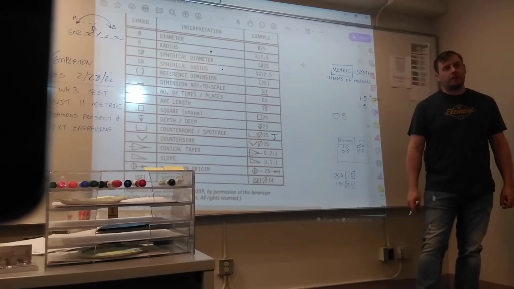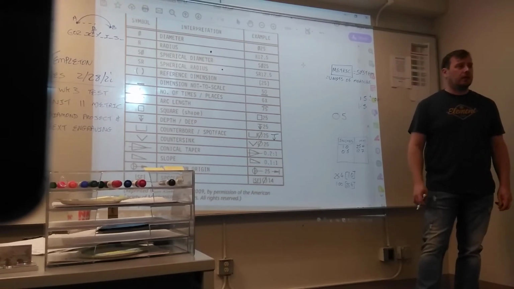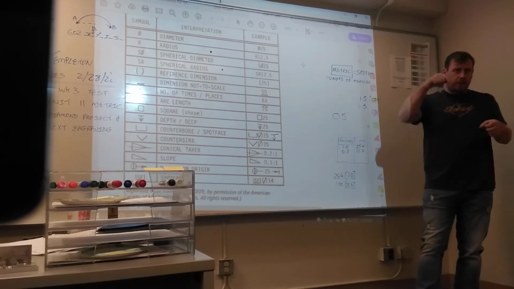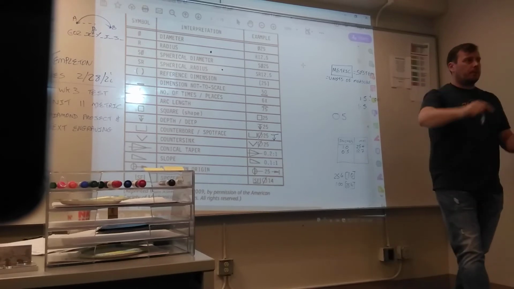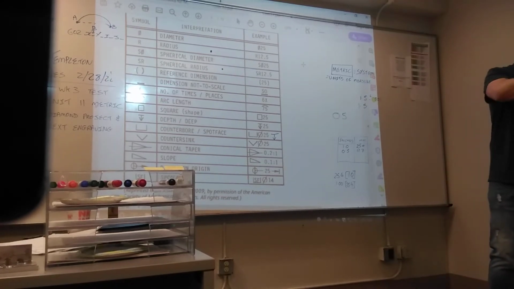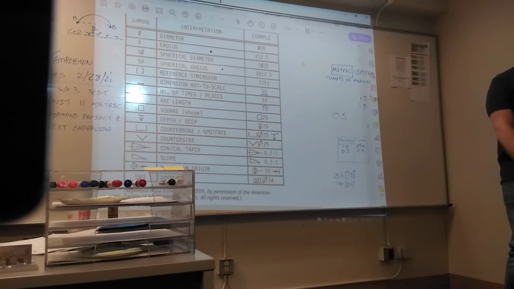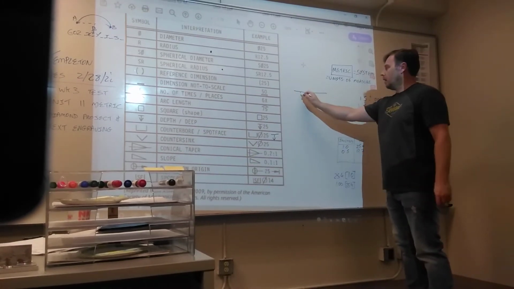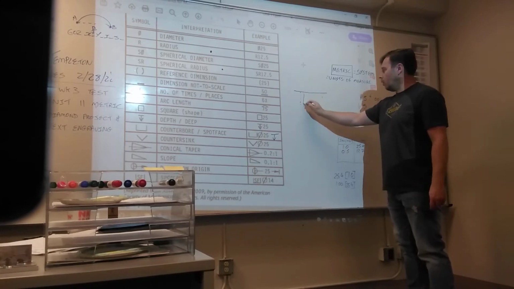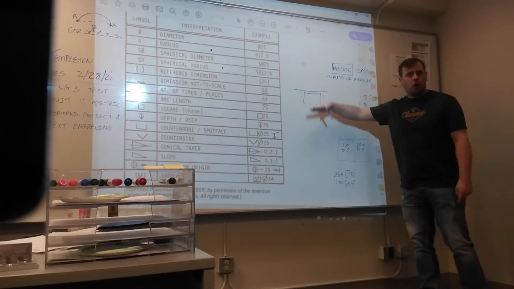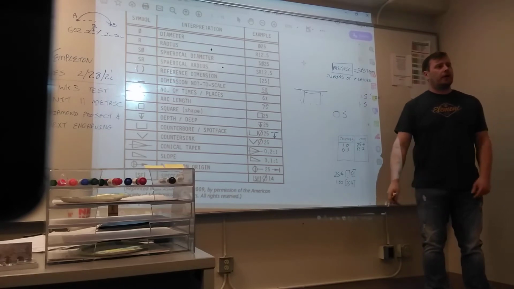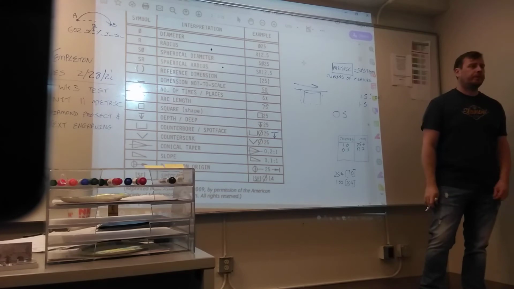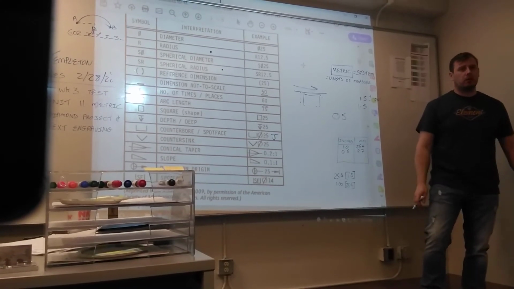It's only 30 to 60 thousandths or something. 30 to 60 thousandths typically. The idea of a spot face is just to go deep enough so you get a flat surface at the bottom, so when you put the bolt in, it sits on the flat surface. The idea of a counterbore is so that your bolt sits below the surface. You're trying to hide it so something can go over the top and it won't be affected by the bolt.